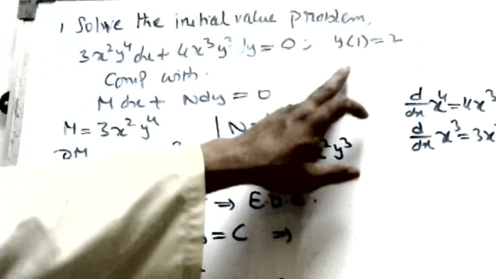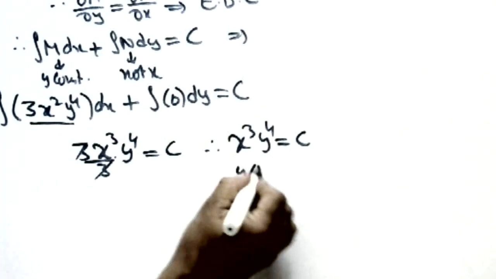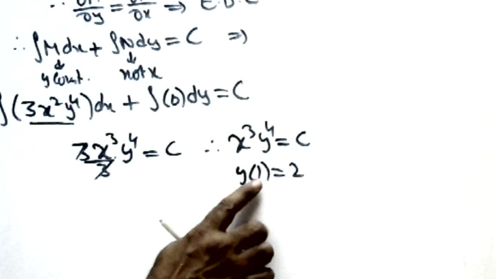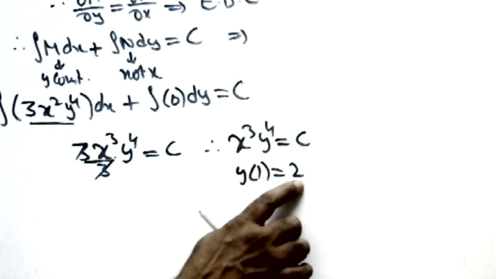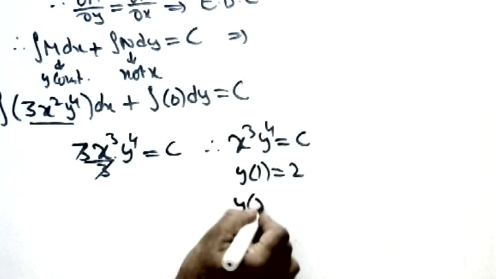So the initial value is given. Using this initial value, y of 1 equals 2, we have to find c. What does it mean? The value of x is 1 and the value of y is 2.